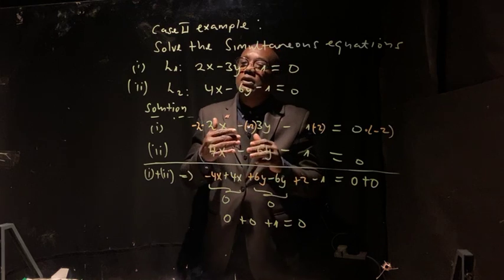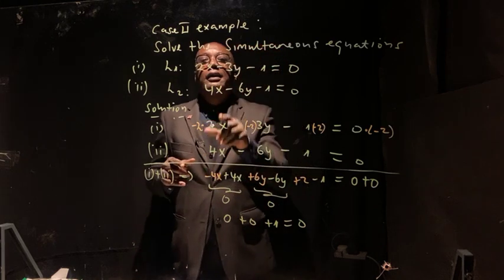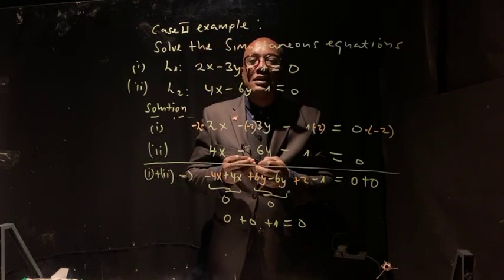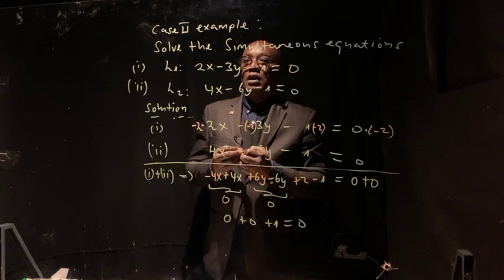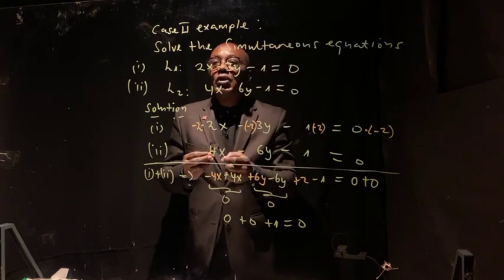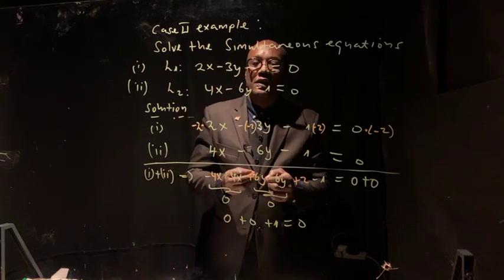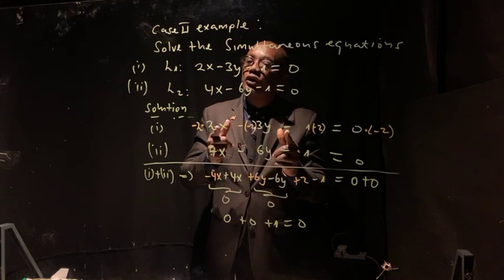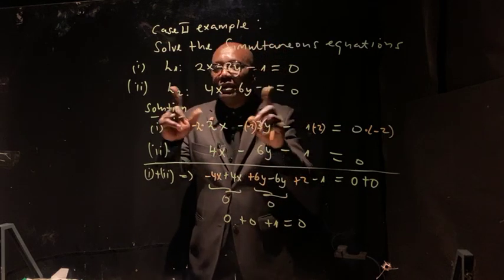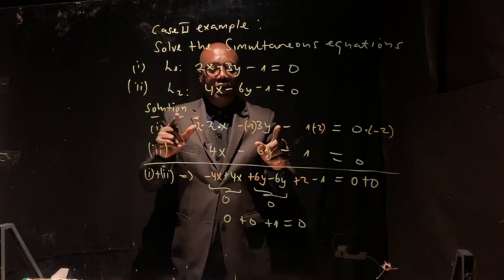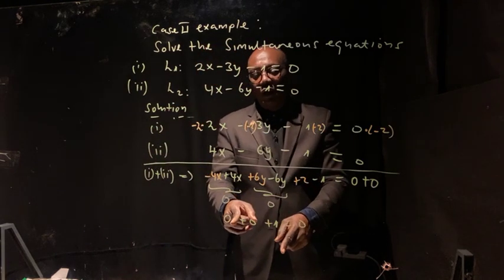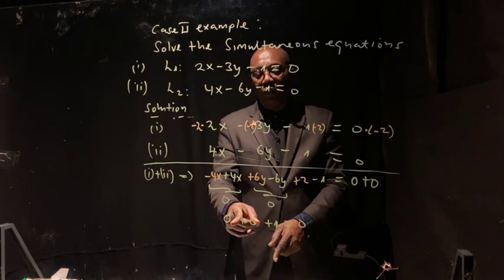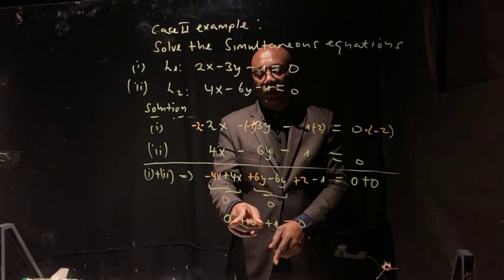And if we have no solution, then we say that the two equations are inconsistent. Then we can also say that the two lines are parallel lines because they do not intersect one another. That is the reason why we never found any x or y value.